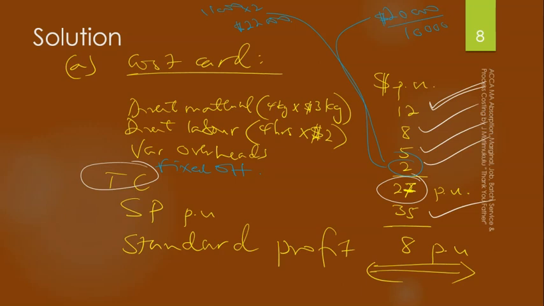So the $2 has been our absorption rate, the overhead absorption rate. The $2 per unit was actually the overhead absorption rate.